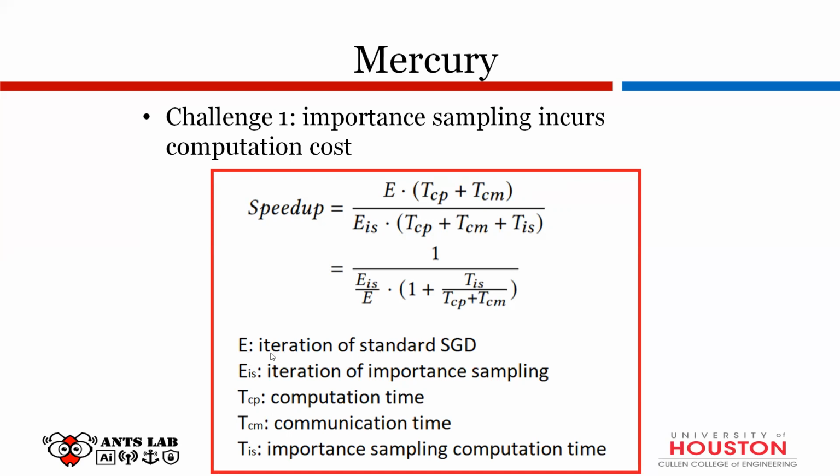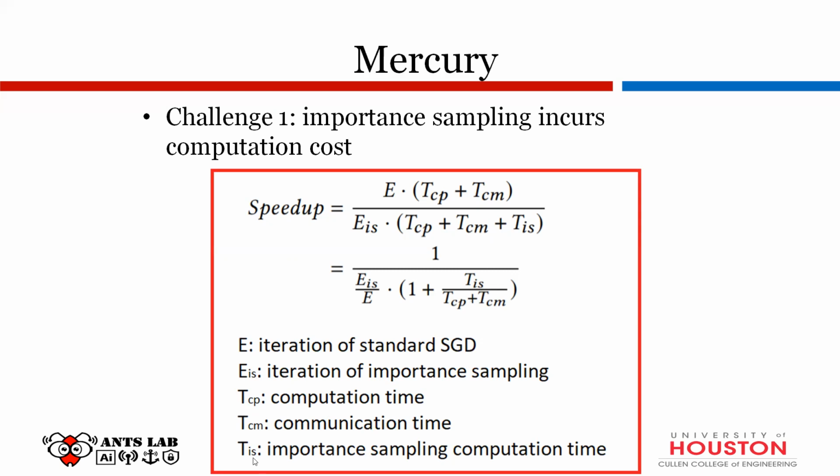E represents the iterations of standard SGD, and EIS is the iterations of importance sampling. Ideally, this EIS is lower than E, because you get more efficient training. But you can see in here, TIS is the importance computation time.